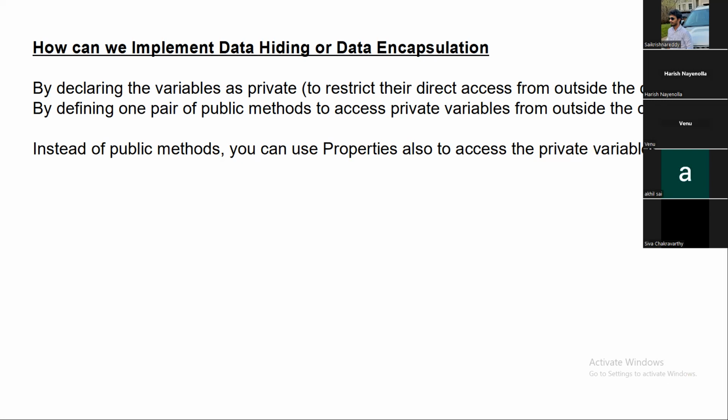Hope you are able to recall my old classes. In general, it's always better to declare the variables of a class as private, so that nobody outside the class can directly access them. But how do you initialize the values for those variables from outside the class? You can use methods defined as public: you pass the values to the public methods and initialize the values in the class.